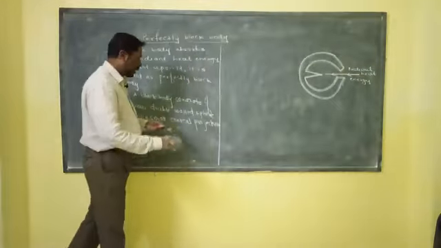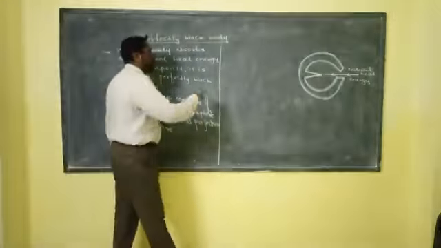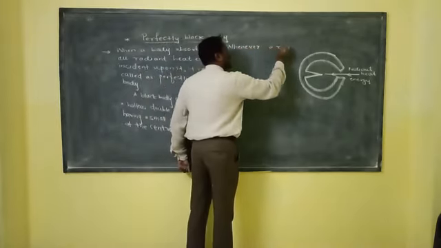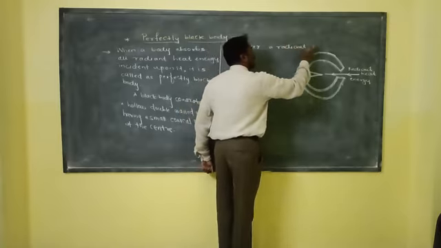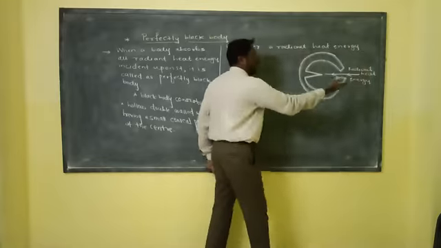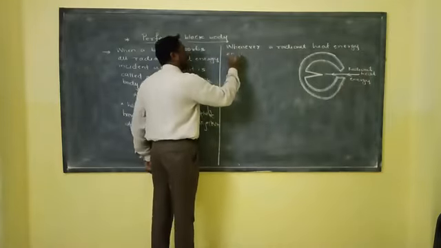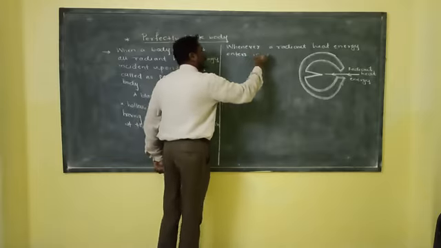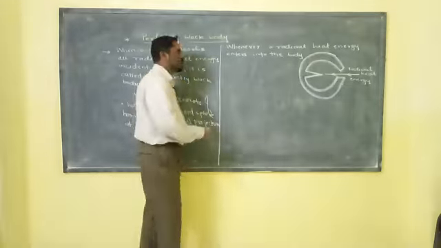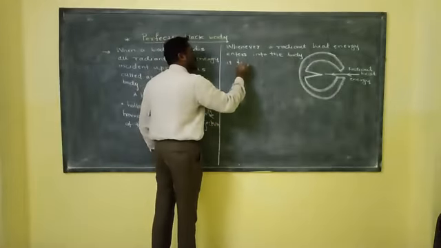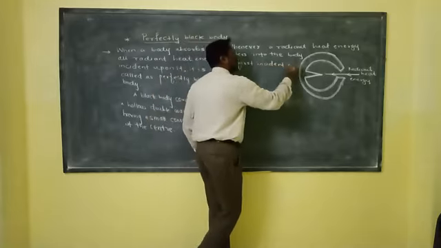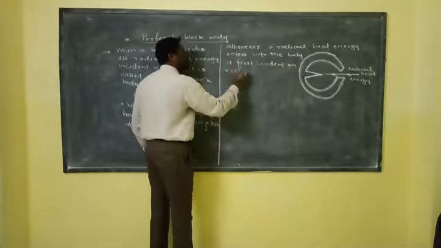What are we observing in the diagram? Whenever radiant heat energy enters into the body, what happens? It is first incident on the conical projection.